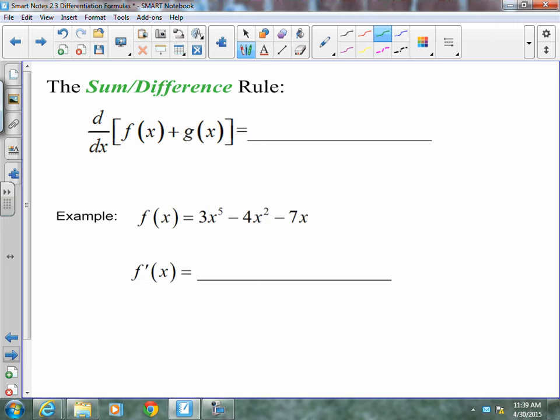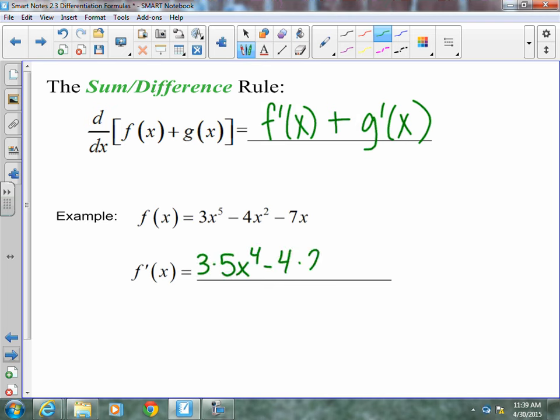Sum or difference rule. Simply derive the first term, keep the same sign, derive the second term, and you're done. So, 3 times 5x to the 4th minus 4 times 2x to the 1st minus 7.